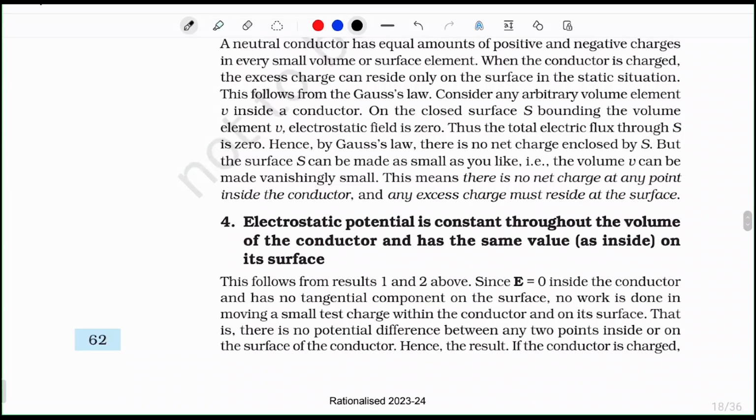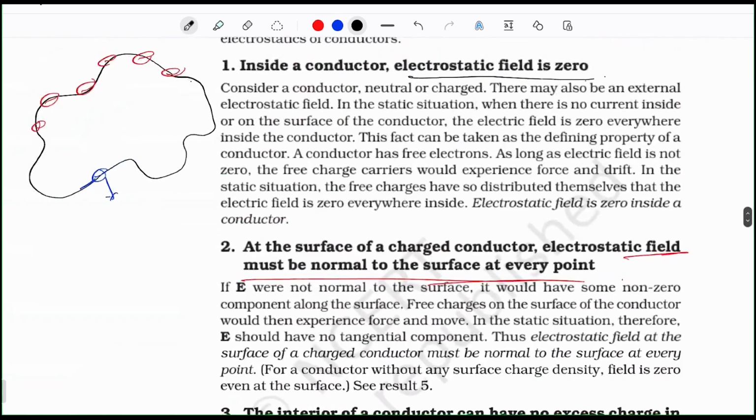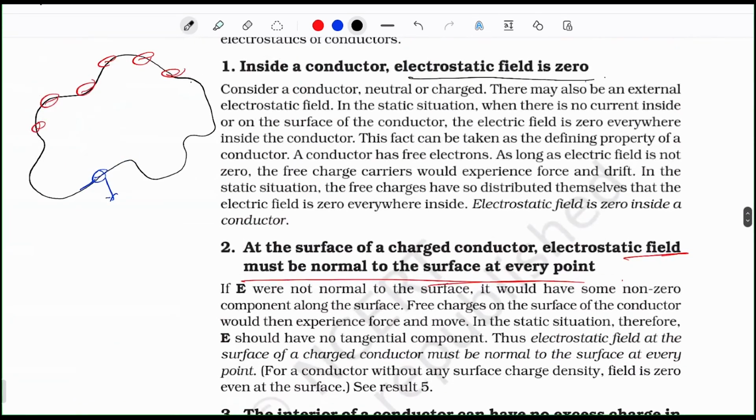The fourth property is that the electrostatic potential is constant throughout the volume of the conductor and has the same value on its surface. This should be intuitive because we've looked at a very similar case in the case of a hollow, uniformly charged sphere. The electrostatic field inside the conductor is zero, so your integral of E dot dl is zero.